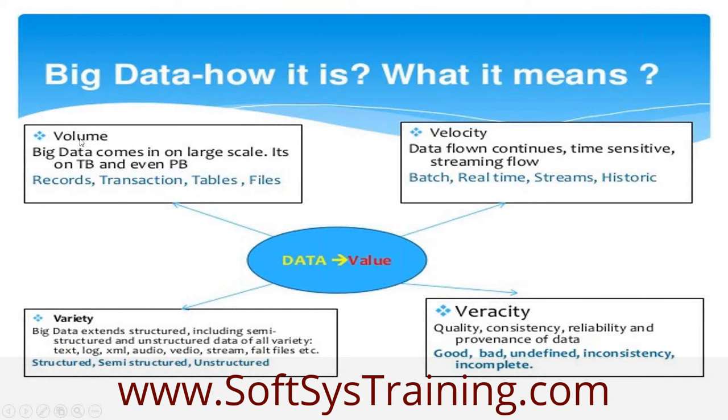Volume means the amount of data, variety means the types of data, and velocity means the speed at which data comes into the system. Veracity is responsible for the quality, consistency, reliability and provenance of the data.